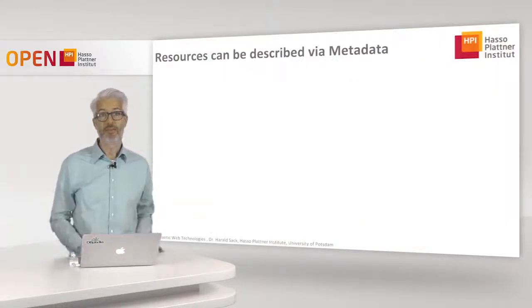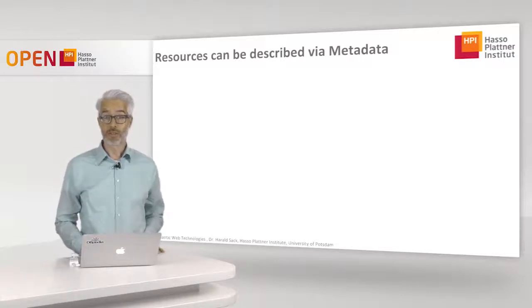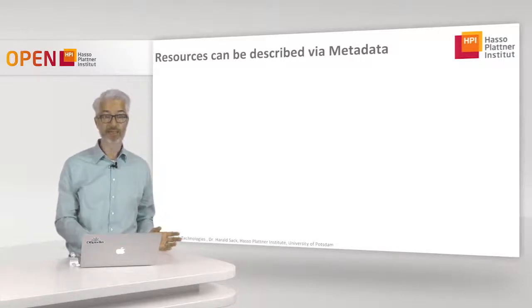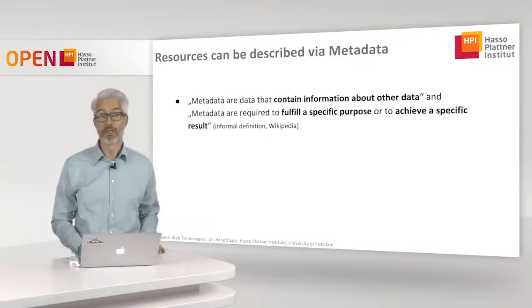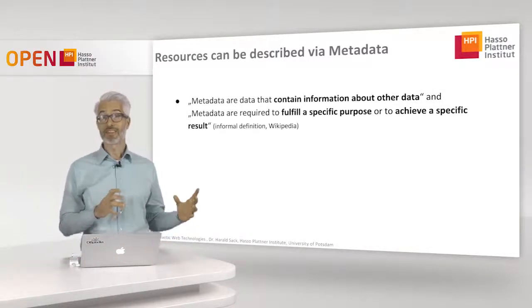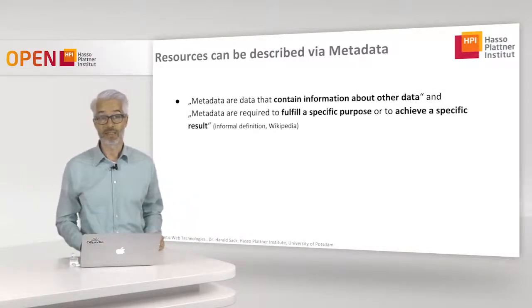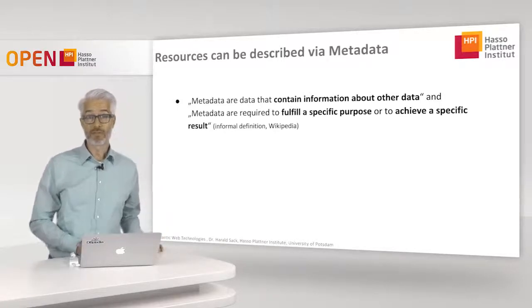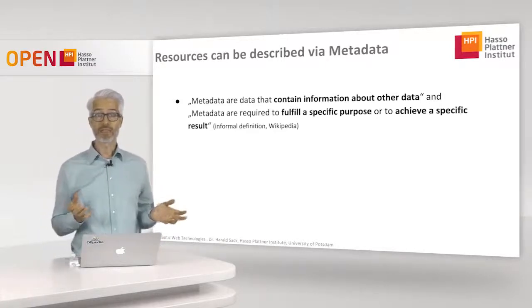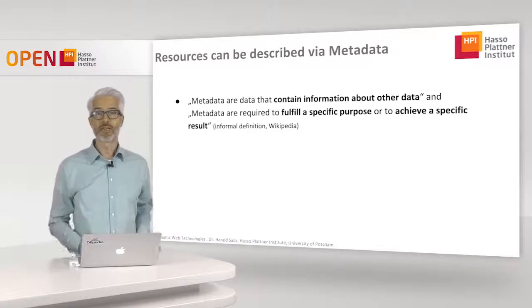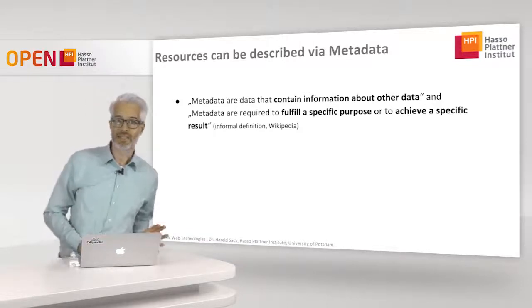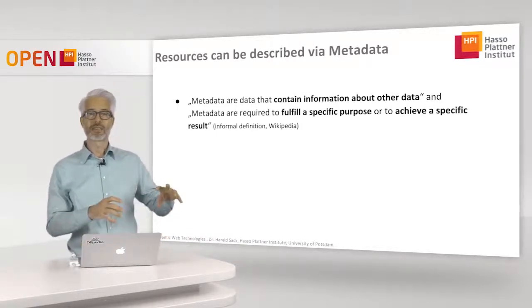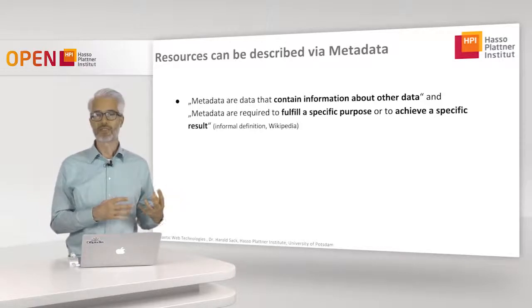Okay, so resources can be described via metadata. What is metadata? I told you metadata is data that describes some other data. In the informal definition in Wikipedia, you may find that metadata is data that contains information about other data. And of course, usually metadata are required to fulfill a specific purpose.